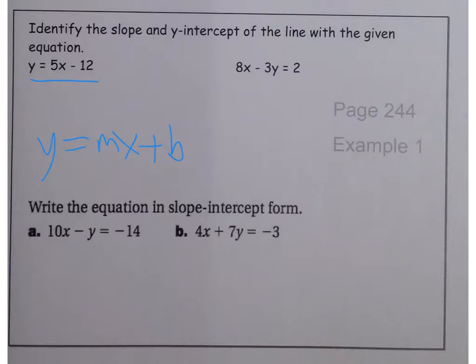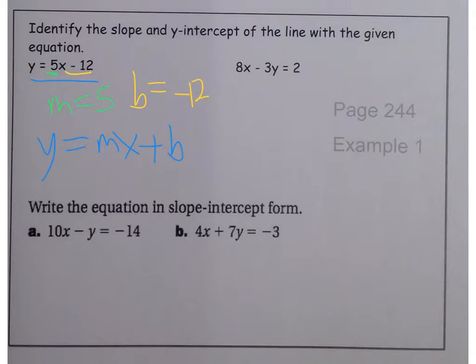That's going to be the number in front of the x when the line is in this form. So the slope is just going to be 5. And then the y-intercept is going to be this extra part here. So b is going to equal negative 12.